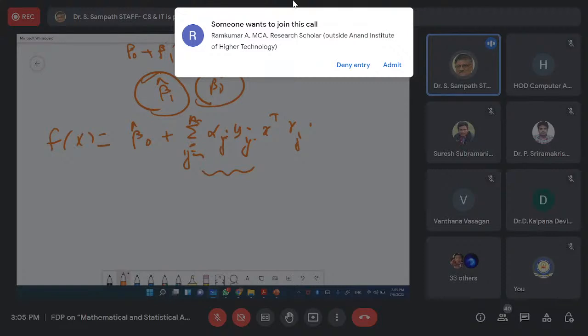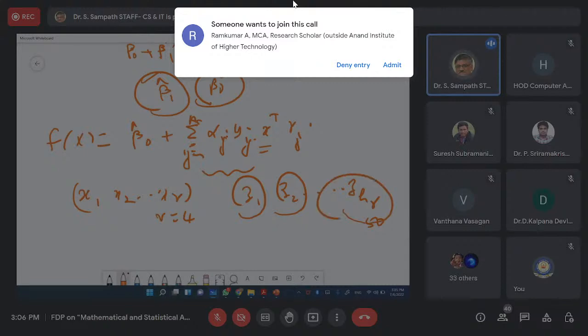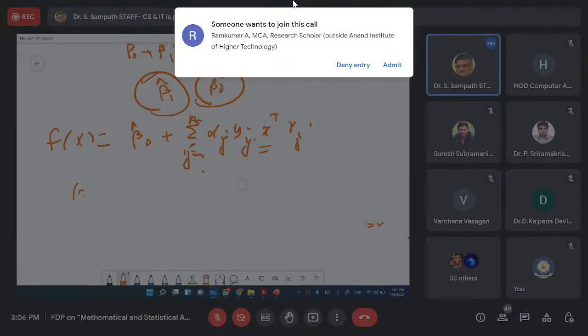When you do not have linear separability, instead of having x1, x2, etc., xr as features, you have z1, z2, etc., zH. For example, for this 4, it can become 50 or 40 or whatever it may be. So the inner product will be based on 50 into 50 instead of 4 into 4. You can get z1, z2, etc., z50, but it is practically impossible. So we go for a kind of compromise.